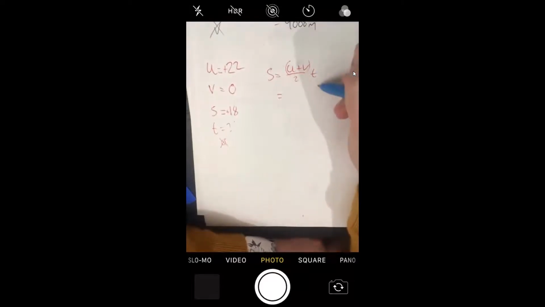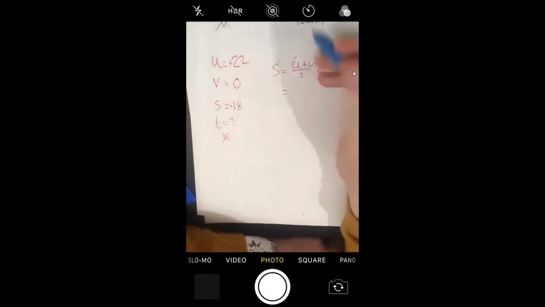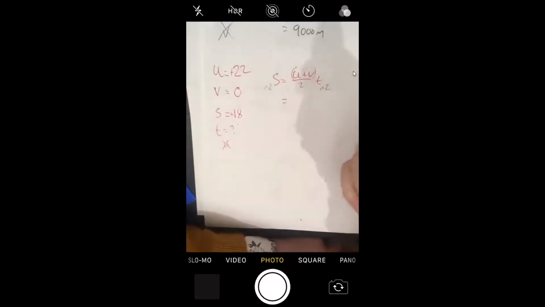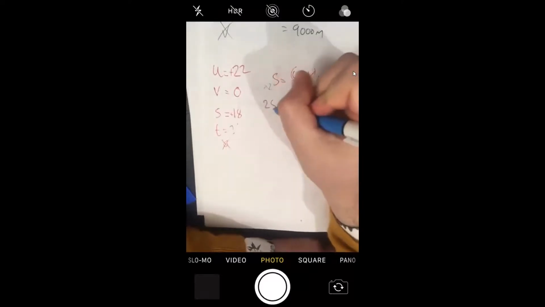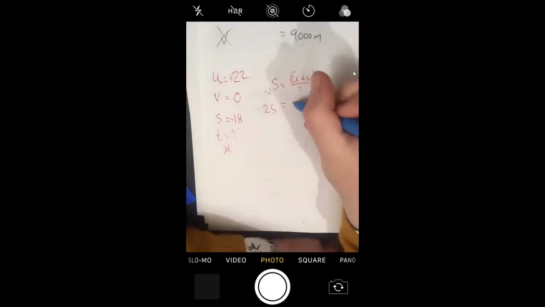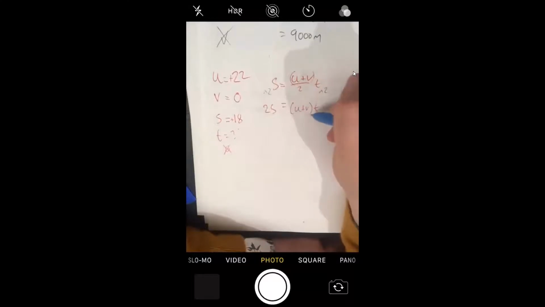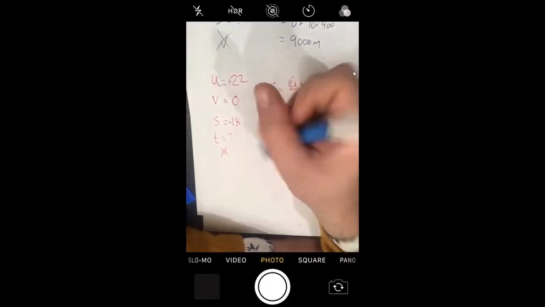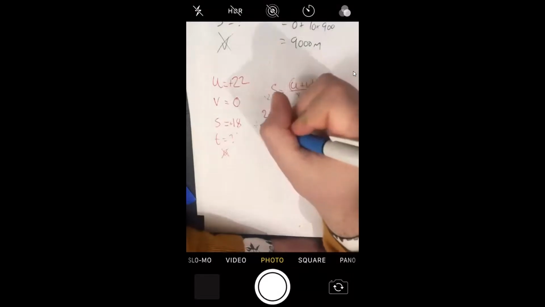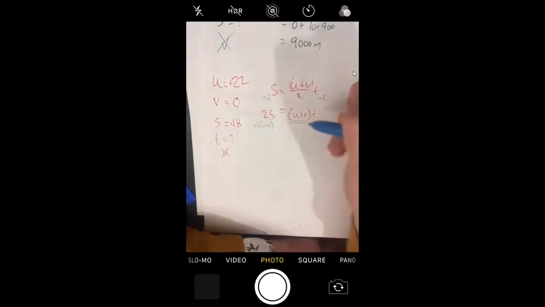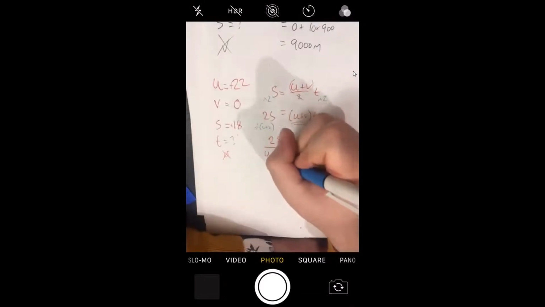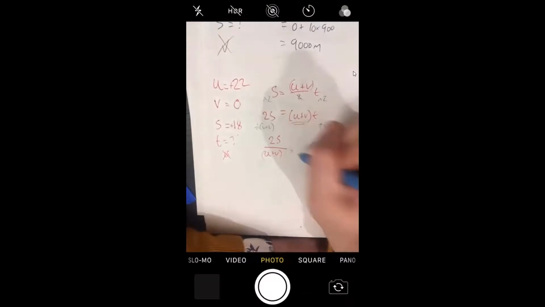Well, multiply both sides by 2, which gives us 2s equals u plus v all multiplied by t. And then I'm just going to divide by this whole thing here. Or you can just move that to the other side. We end up with 2s all divided by u plus v equals t.